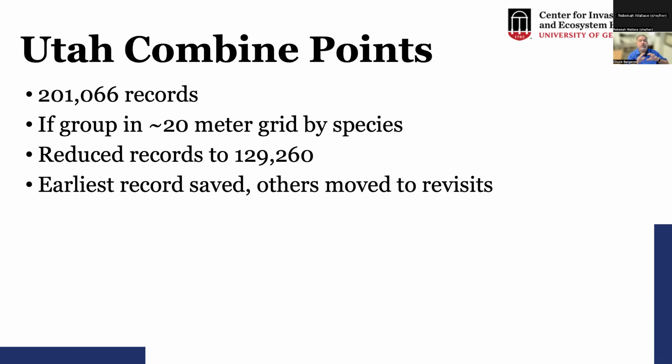So you take the number of records, in this case over 200,000, down to about 130,000, and it makes it a lot easier to manage those populations, thinking about them as populations versus individual points going through time. And so that was the first step of getting them tied in.